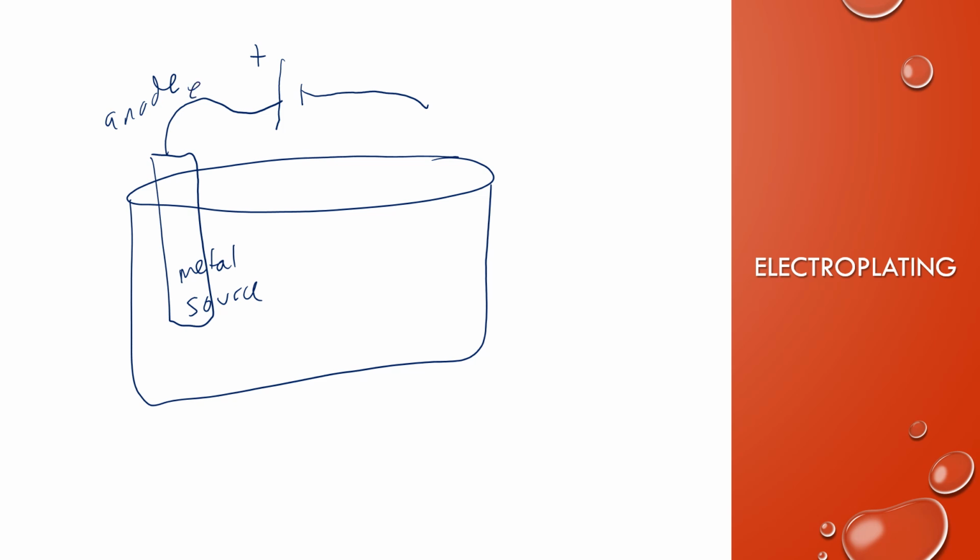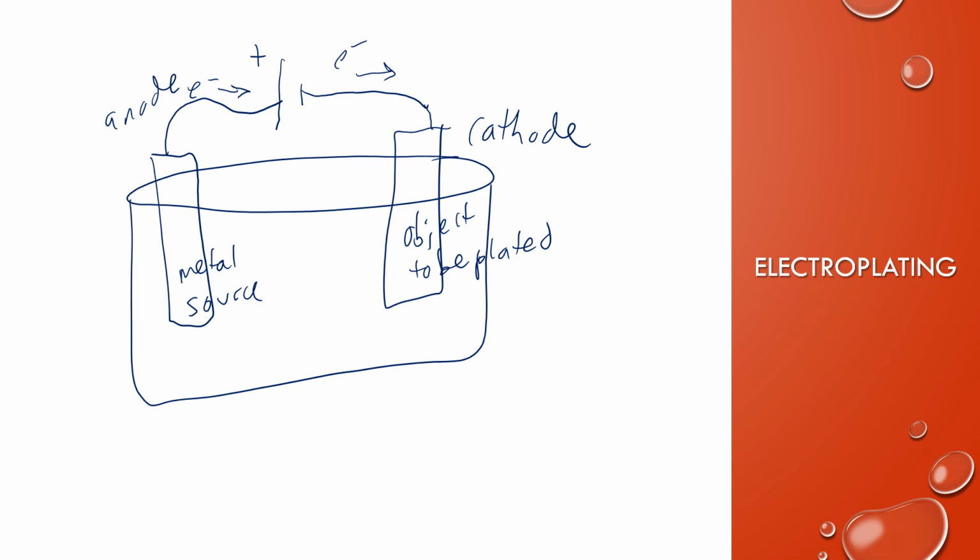And so electrons are going to travel from the source of metal towards the power source, and then it's going to connect over to the object that's going to be plated. And so the electrons are going to travel this way. This is the cathode, and this is our negative electrode. You're going to need it to be in some kind of electrolyte solution, typically containing ions of the same metal, to simplify the process effectively.